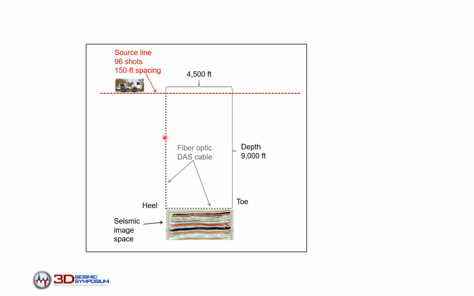We had a well bore that went down to about 9,000 feet depth and then turned horizontal with a slightly toe-up geometry. But of course there was a DAS fiber all the way along. The image space that we'll show here is the area below the DAS cable and doesn't quite cover the entire horizontal length of the well. And by the way, this well bore was only about 4,500 feet long, a little bit short, but that's what this well bore was.